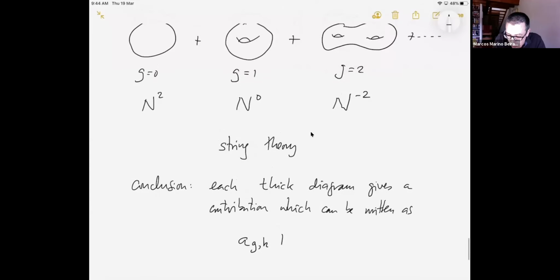You always have n to the h in each contribution.